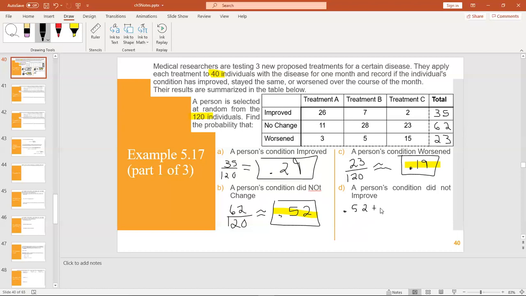If you add 0.52 plus 0.19, then that will give you a grand total of 0.71. And fun fact, that is also the complement of 0.29. If you do 1 or 100% minus 29%, you will also get 71 or 0.71 for that. So that's a good sign.